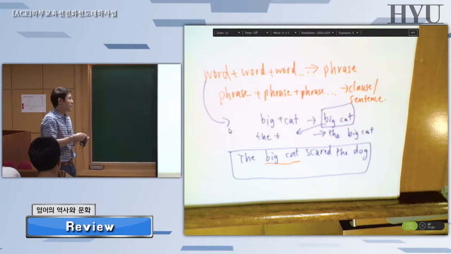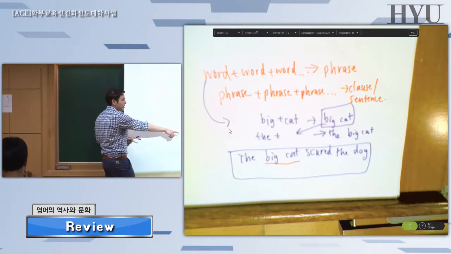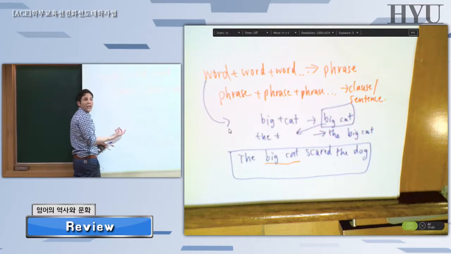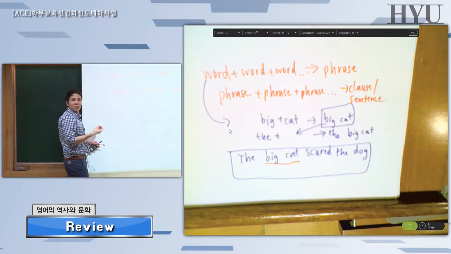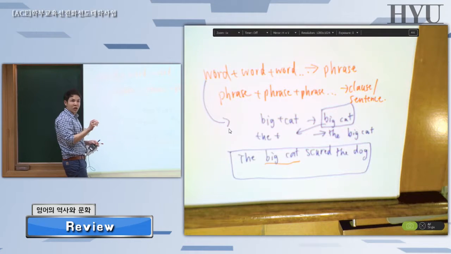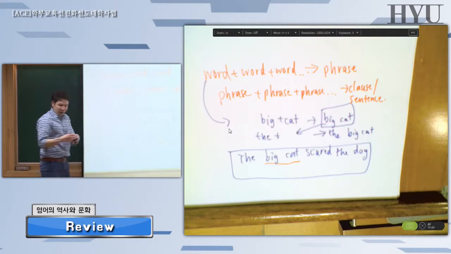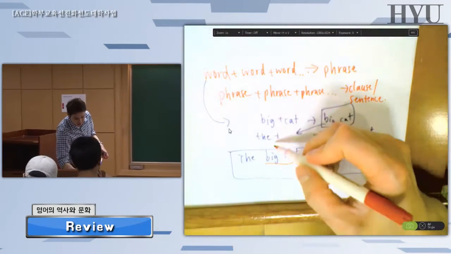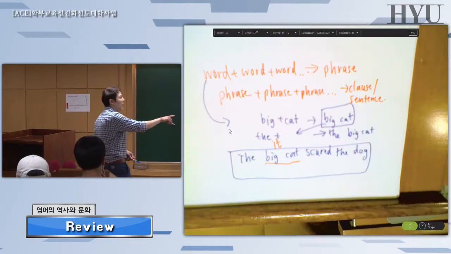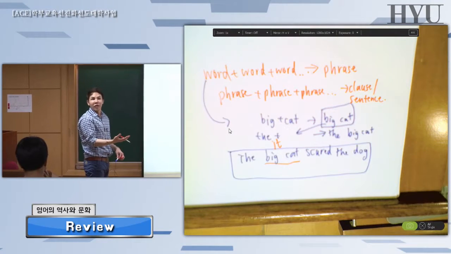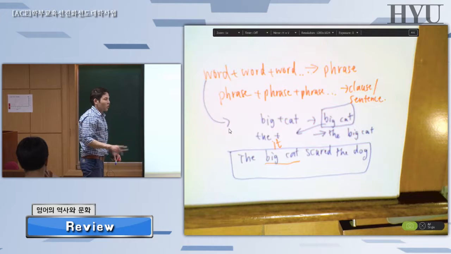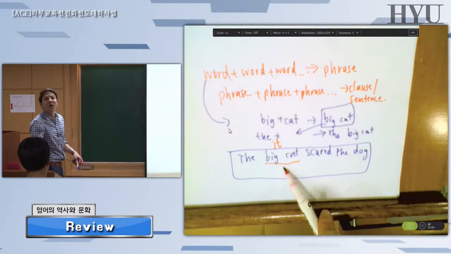You can do a test, like you can substitute it with a pronoun if it's a noun phrase. Remember, we can test whether it's a phrase or a constituent by putting a pronoun there. Let's say it. The it scared the dog. It doesn't work, so just big cat is not a phrase.